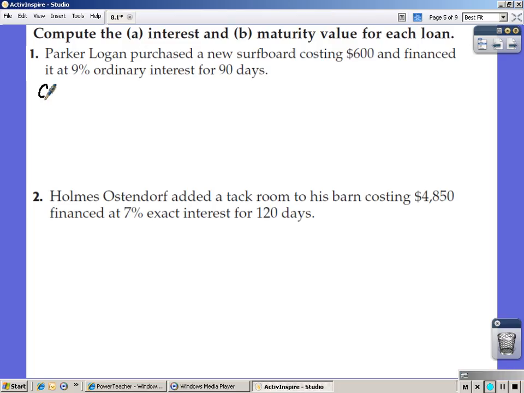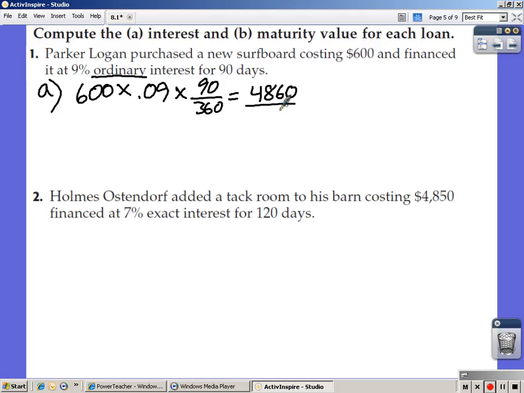Okay, so we're going to find our interest first. The surfboard costs $600 at 9%, and we're doing 90 days of ordinary interest. So, times that by 90 over 360. Okay? So, in your calculator, you should have put 600 times 0.09 times 90. You should come up with 4860 over 360.